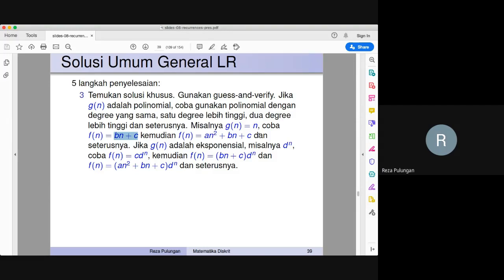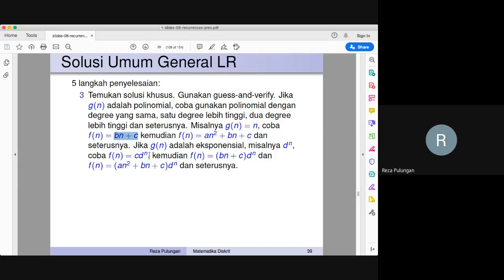Okay, now let's continue. What if Gn is not a polynomial, but an exponential function? For example, of the form d to the power of n. Then the first thing to try is to just multiply it by a constant c: C multiplied by d to the power of n.